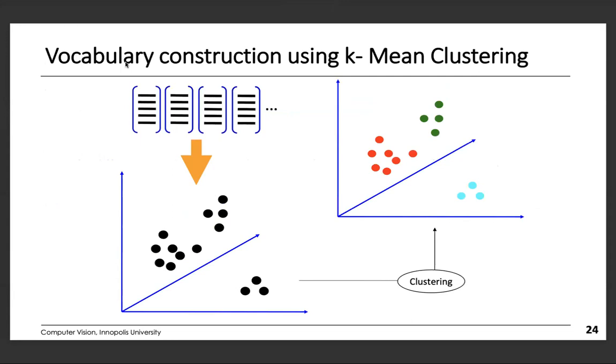So here we take the vocabulary constructions, the words or features that we have found in our images. We take those and we put them in a representation like this.